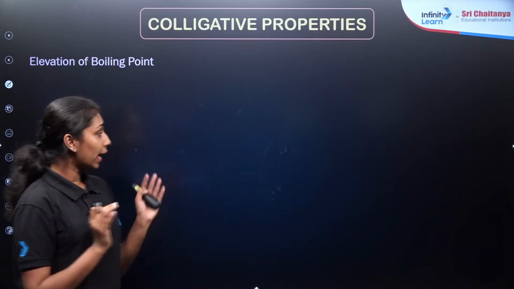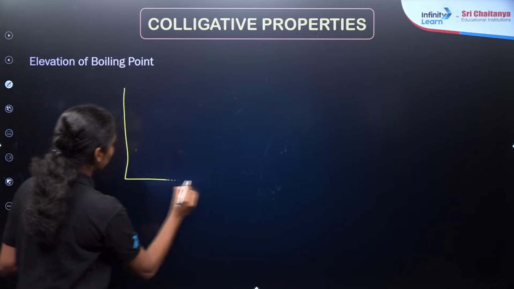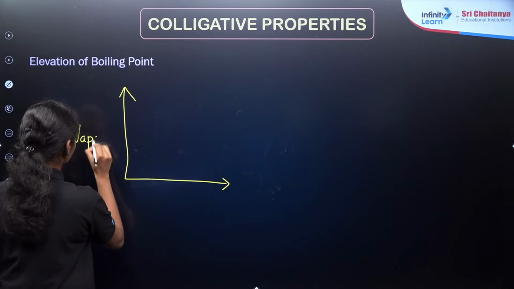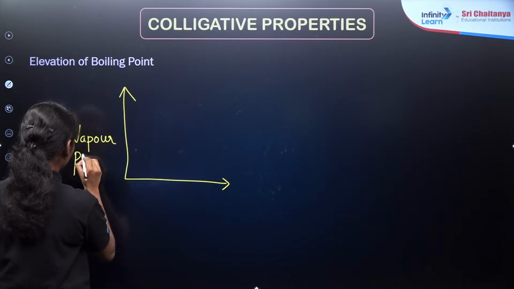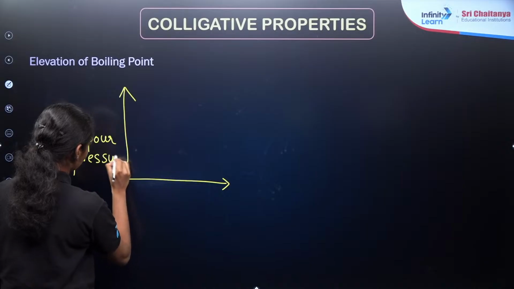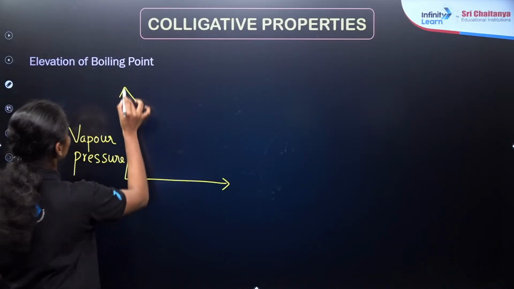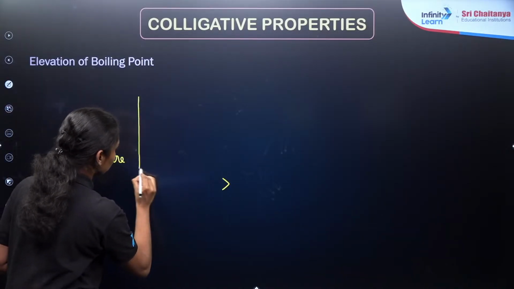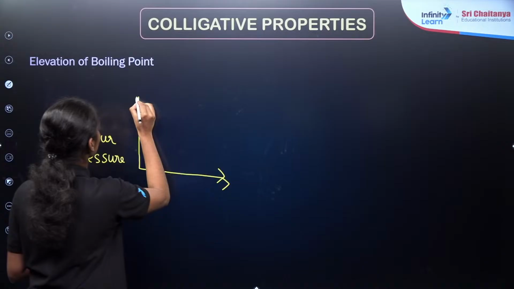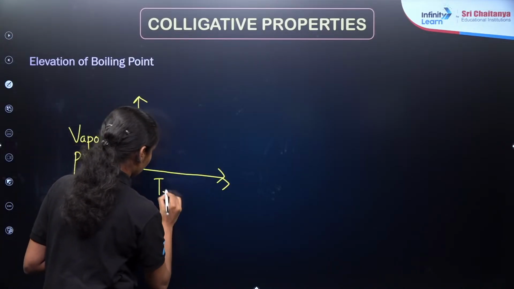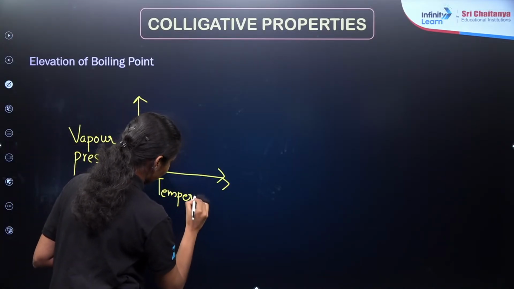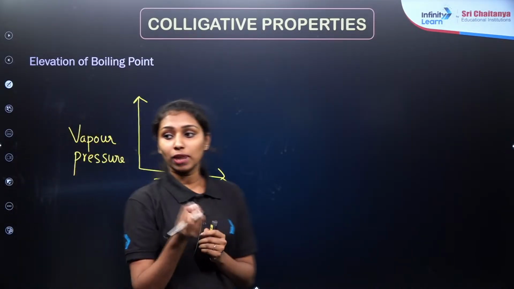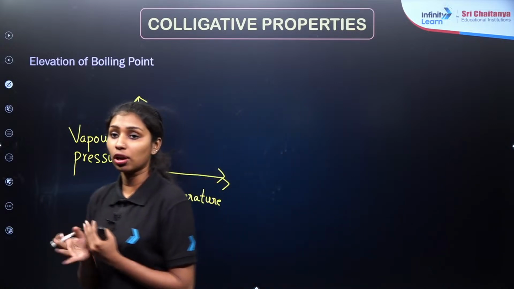For that, we need to draw a graph like this, the vapor pressure versus temperature graph. As we already know, if you are taking a pure solvent, what is the value of vapor pressure, whether it is high or low?